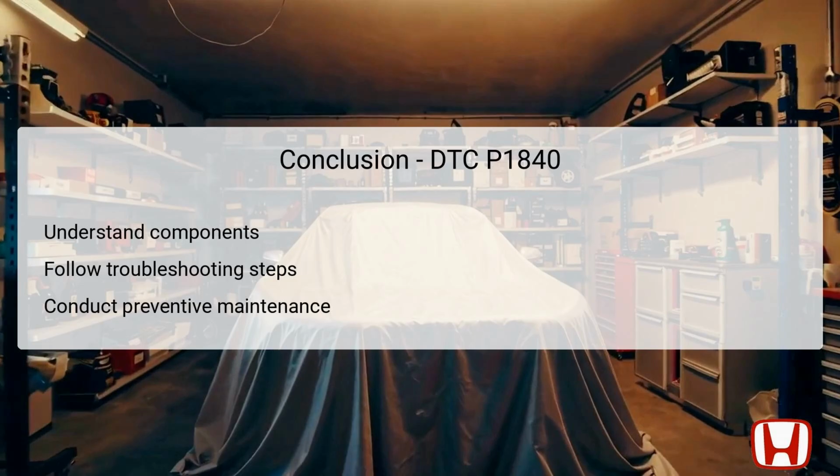By following the structured troubleshooting steps outlined in this guide, you can efficiently diagnose and address issues related to this error code. Additionally, conducting regular preventive maintenance will aid in minimizing the chances of encountering similar issues in the future. Always ensure thorough checks and adhere to best practices to maintain your vehicle's transmission performance effectively.